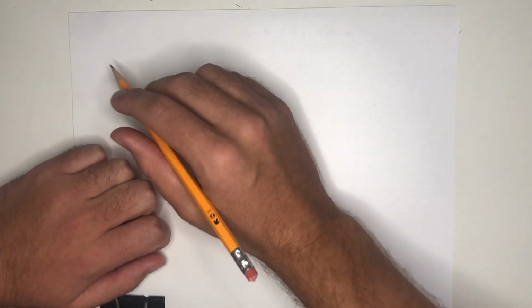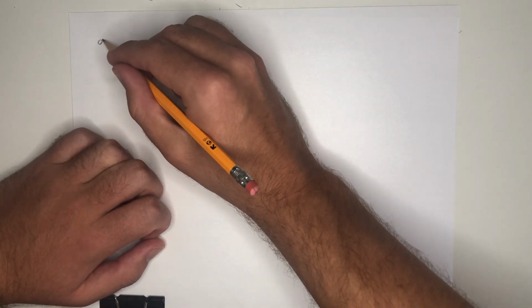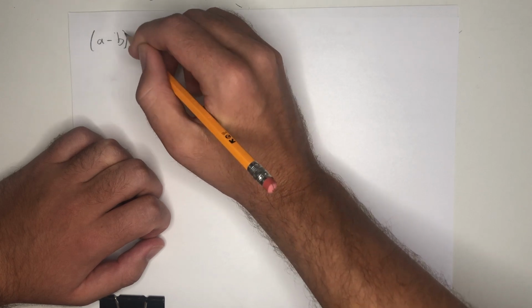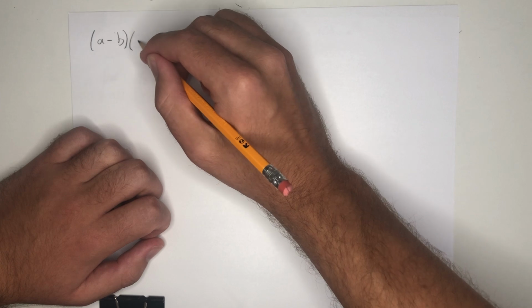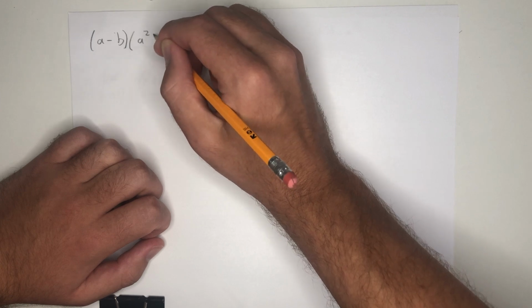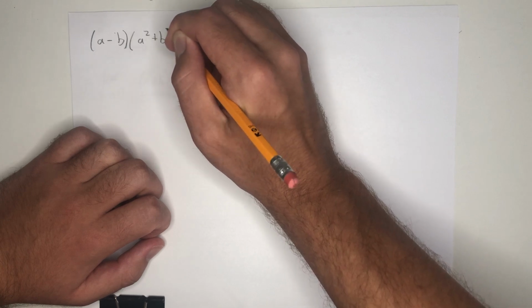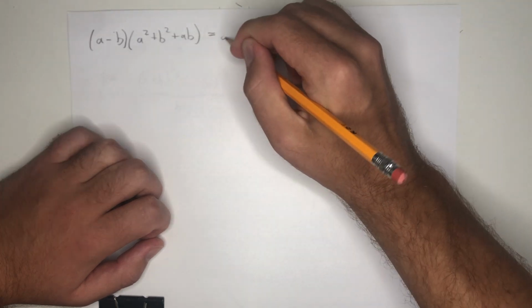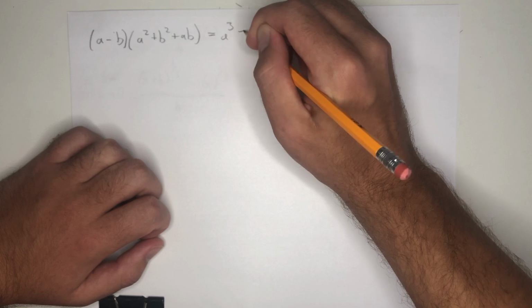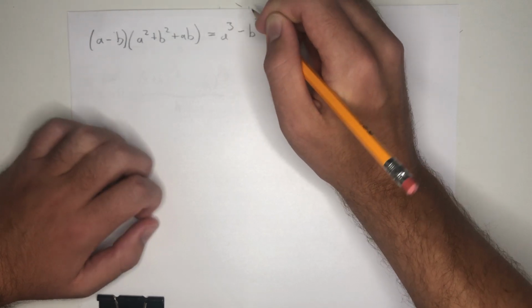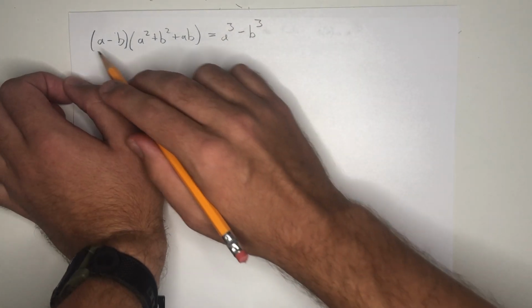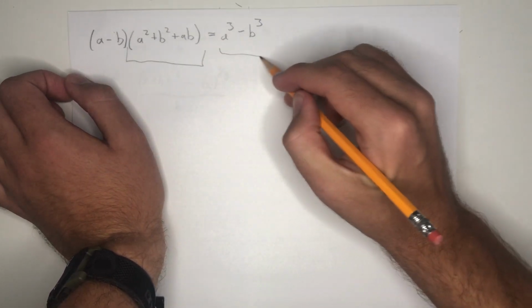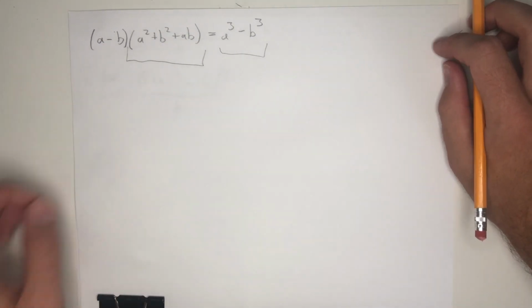So this is the generalization for the cubic conjugate here, right? So this is the conjugate of this. That'll give us this.